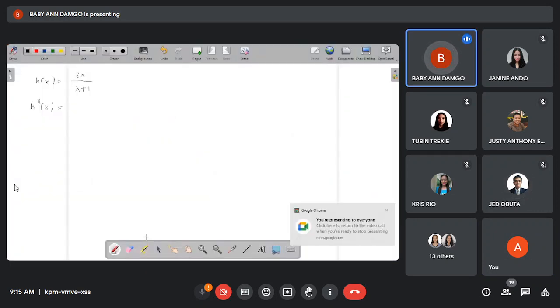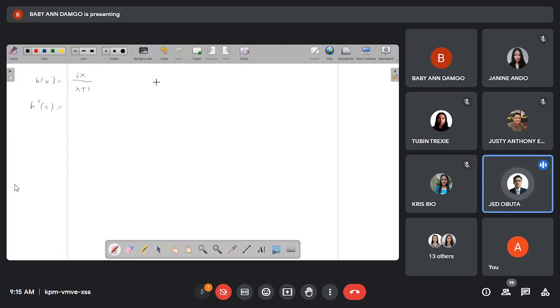So, what's the second derivative, class? Negative 4 over x plus 1 cubed.